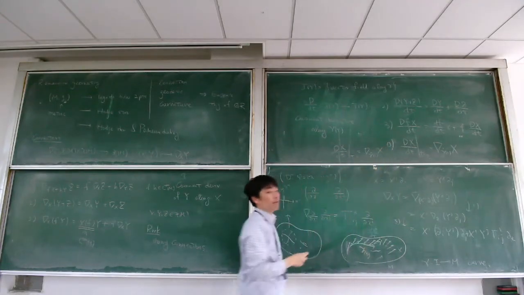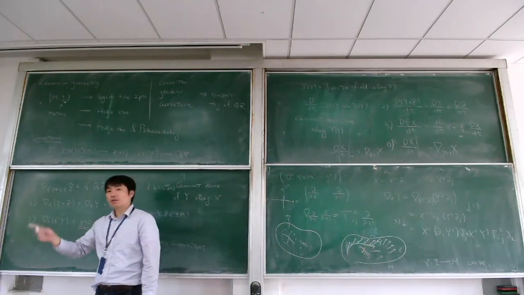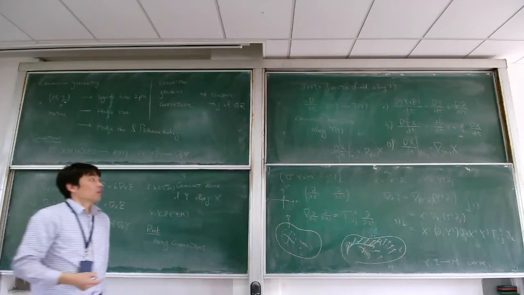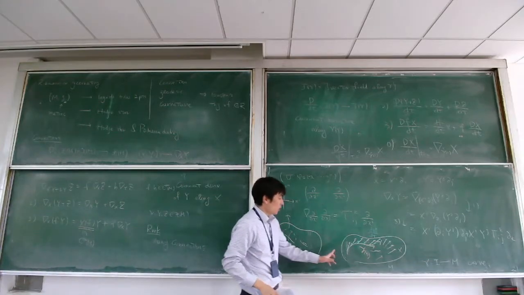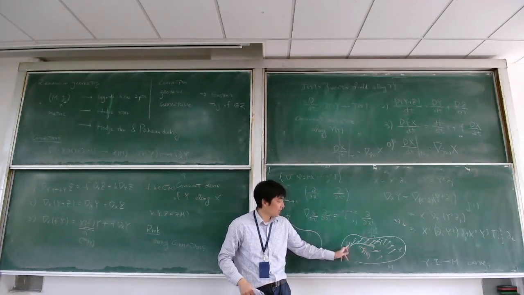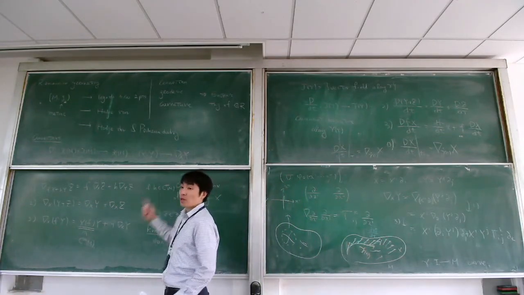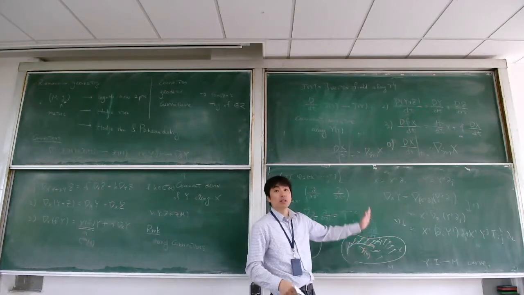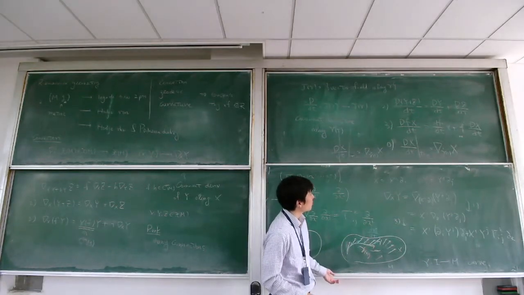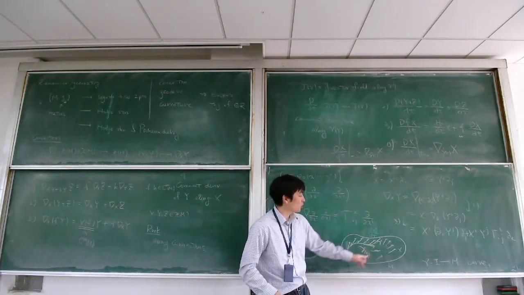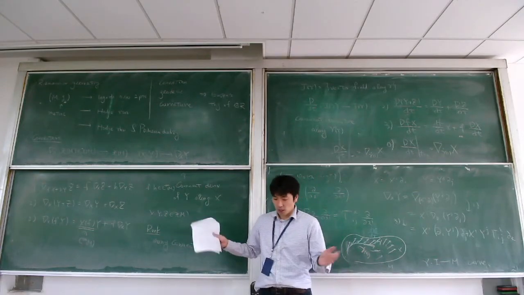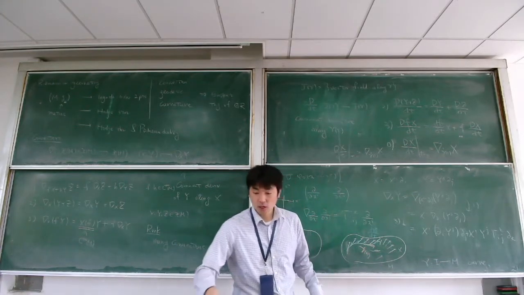So that's how you define the covariant derivative on this vector field. In other words, you use the tangent vector along the curve to take the covariant derivative along x. Maybe I should use y instead of x. It's too late to change, but you can change your notation on your own.